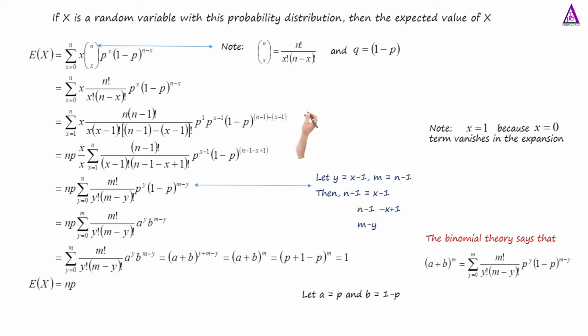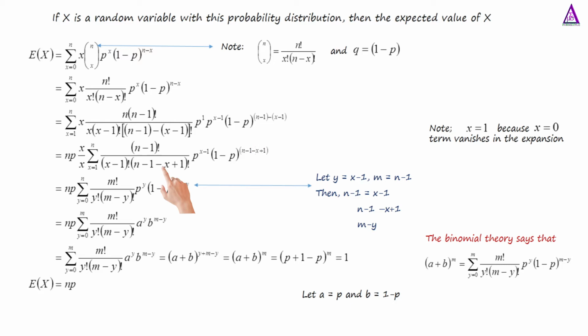The third equation, we need to expand the factorial in the equation. Now we want to expand it. In the fourth equation, which is this equation, we factorize np and x divided by x out of the equation. So we now use the method to open this bracket in the third equation. We have this one.